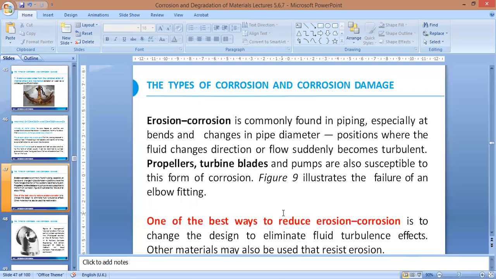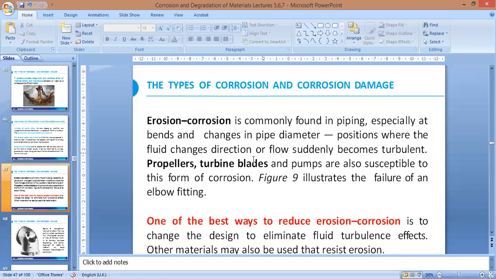It first hits the connector straight on, and then that's when it changes direction and moves to the left or the right, depending on where the pipe is. So usually it's at the bends that you have corrosion happening.